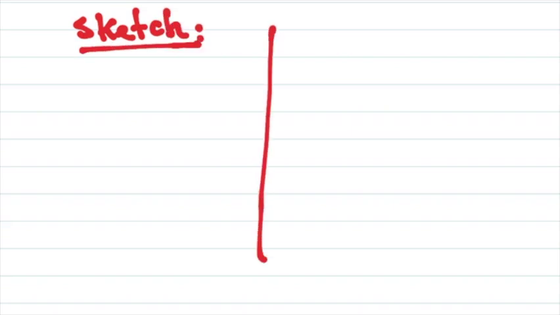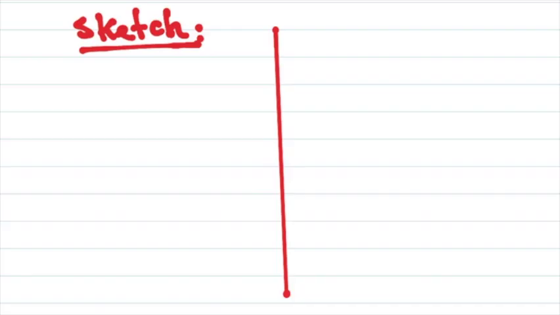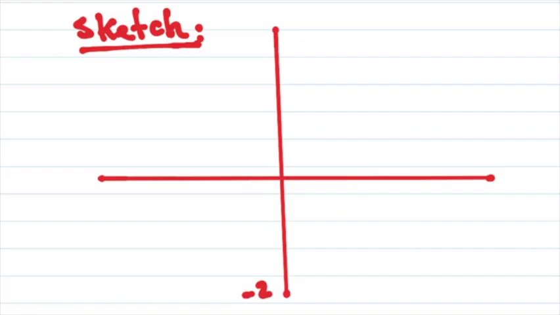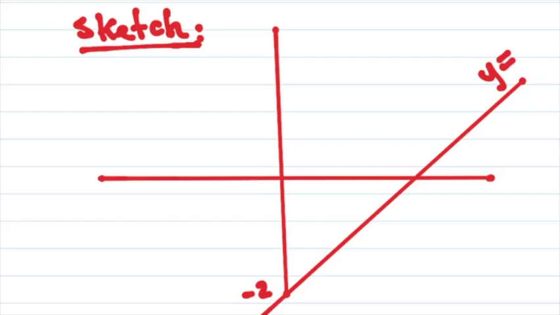Now you have the Cartesian plane. Now the line y is equal to x minus 2 is gonna cut through the y-intercept at -2.